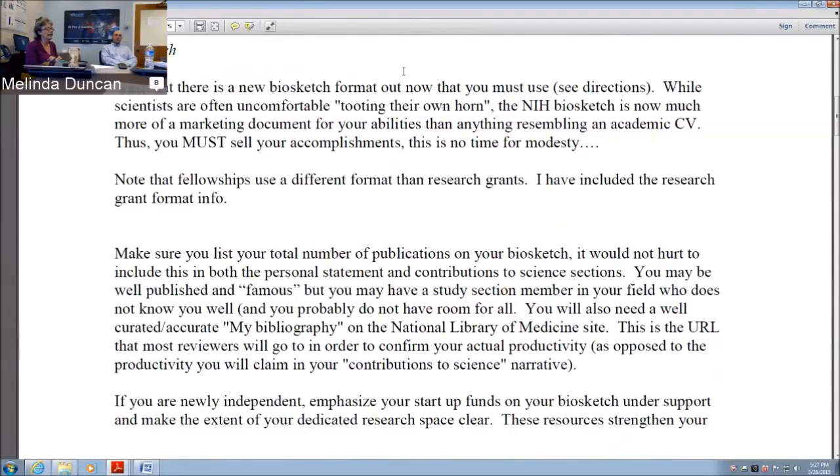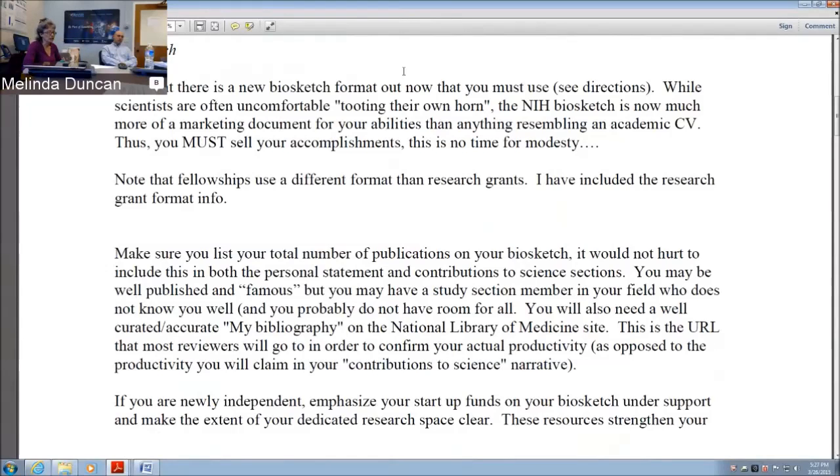That's basically laying out why you're qualified to do the project. It's also where you explain things like maternity or parental leaves, anything that hurt your productivity, like a gap in your career.